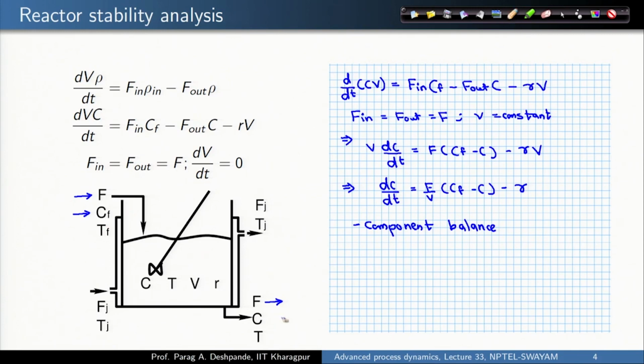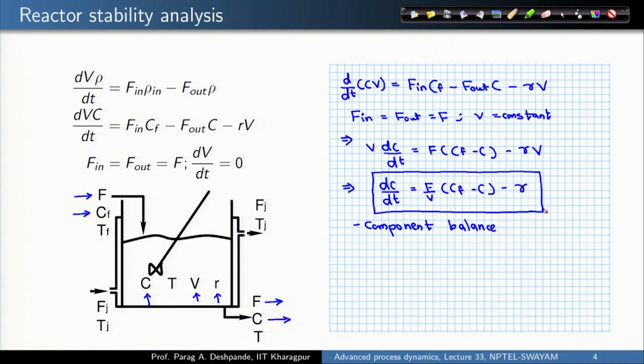I have C here, which is the same C here, okay, and why I have a V here, and why I have an R here. Okay. So, using mass balance and using component balance, I could get this particular equation, which is one of the working dynamical equations.